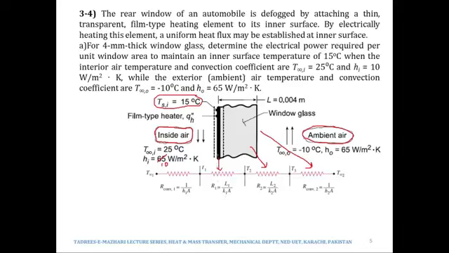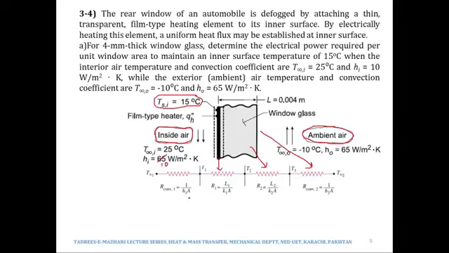And between that heating element and the inside air, there would be convection, and that convective resistance would be given as 1 over hA, or 1 over h_1 A, or 1 over h_i A, whatever you like to write.